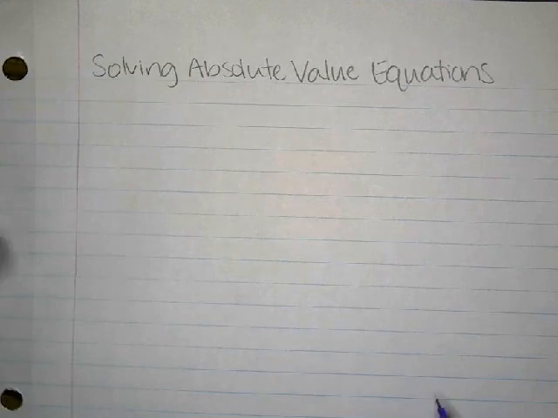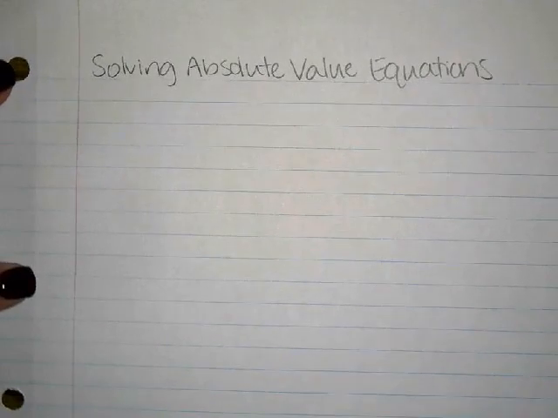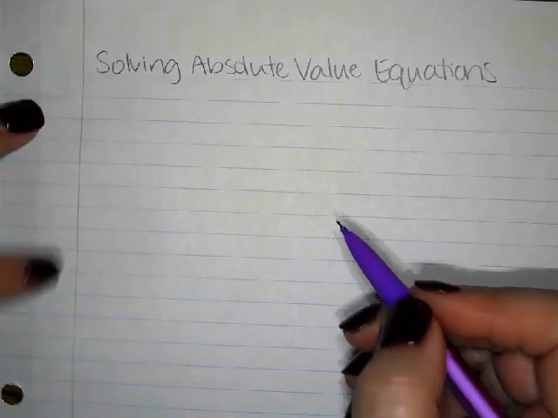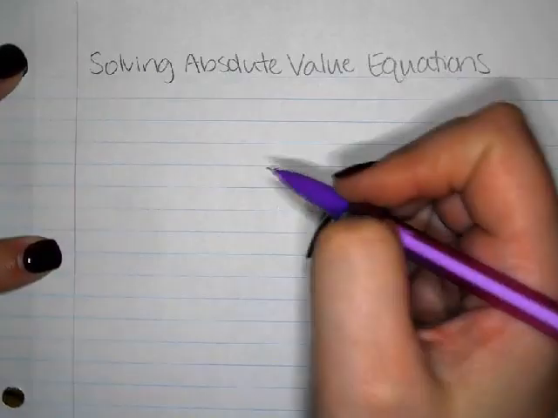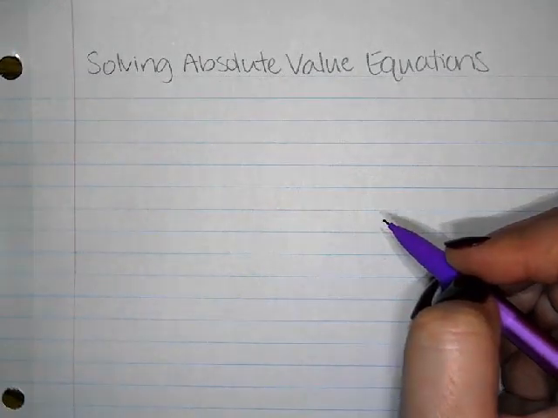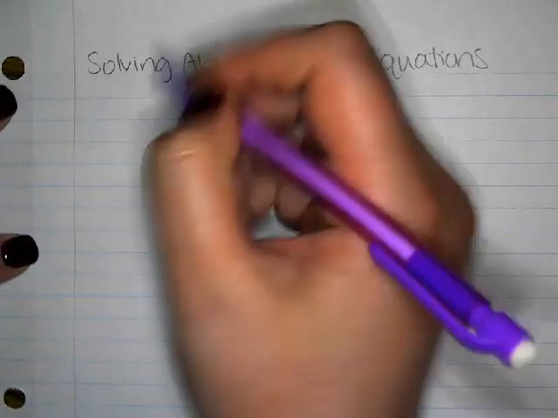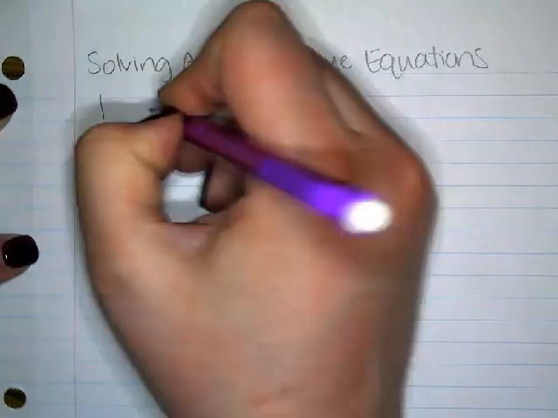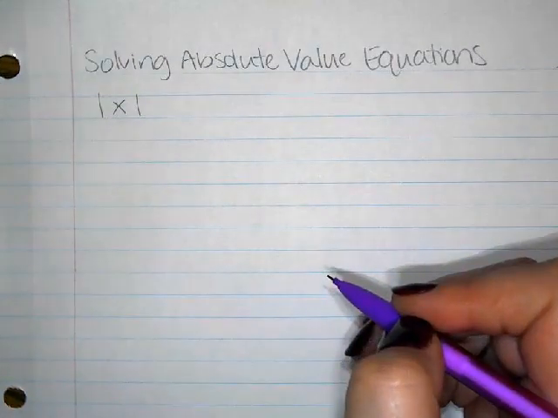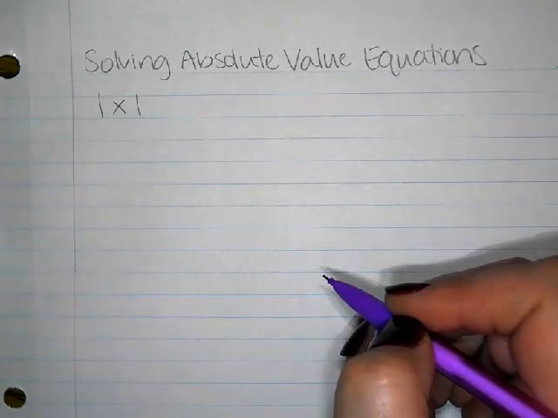Okay. Solving absolute value equations. All right, so one thing that we haven't talked about yet that we are going to learn the specifics of today is what absolute value actually means. So up until today, we said that what the absolute value does is it just takes whatever is inside the absolute value symbol and it makes it positive.